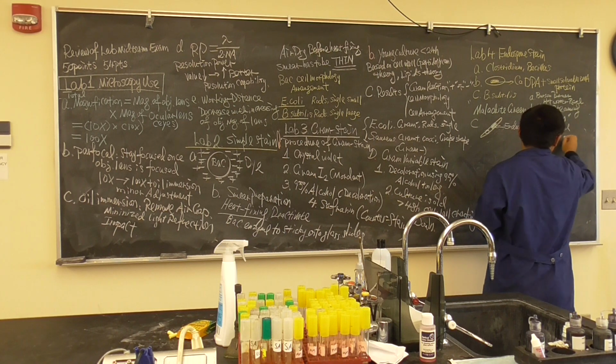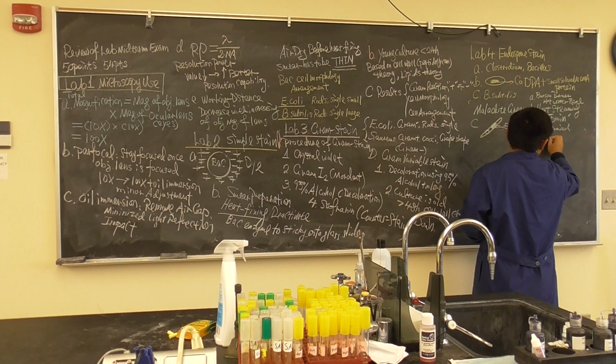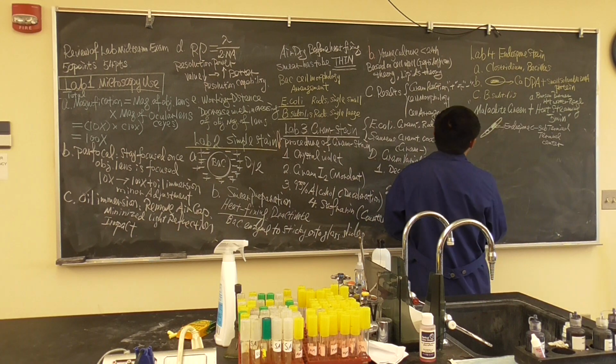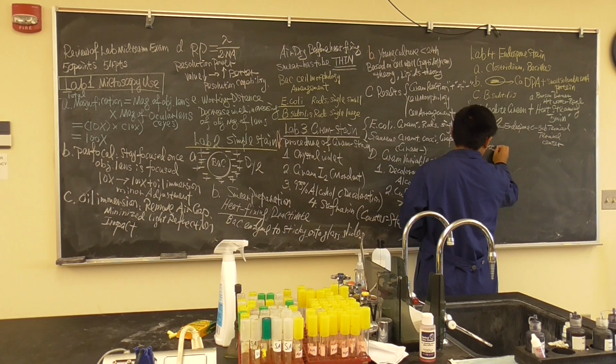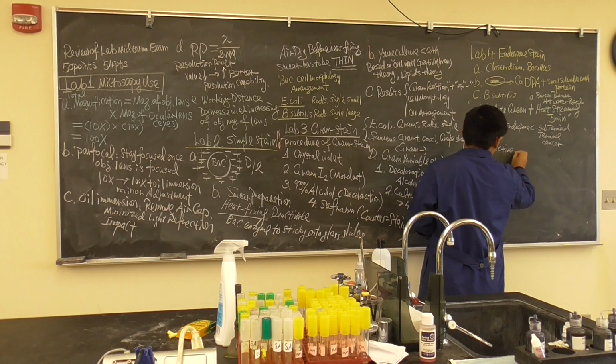And we talk about there could be terminal, sub-terminal, and central. And the last thing we want to mention is that in the spore structure, this is a protective function.